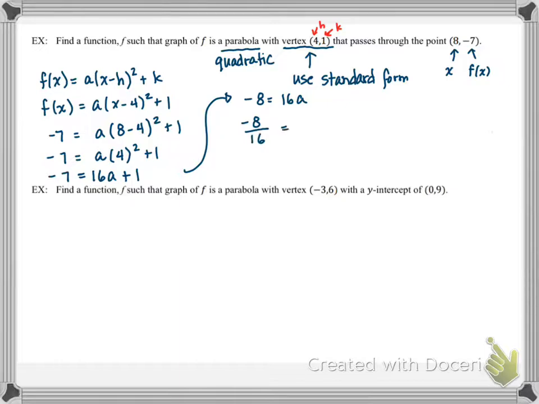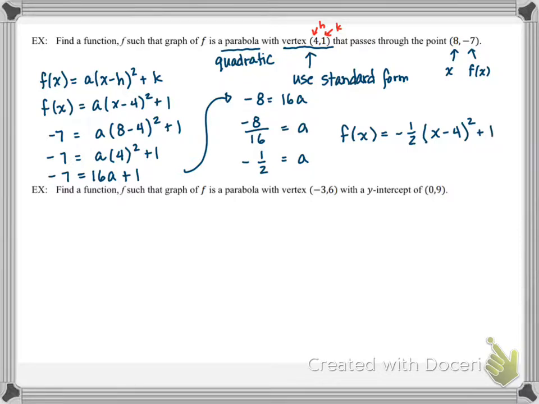Divide both sides by 16, and we get negative 1/2 equals a. So my function is f of x equals negative 1/2 times x minus 4 squared plus 1.